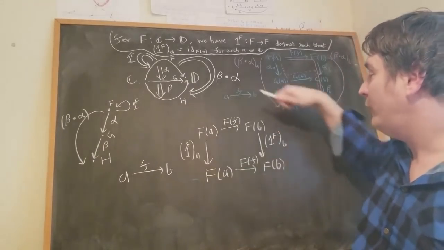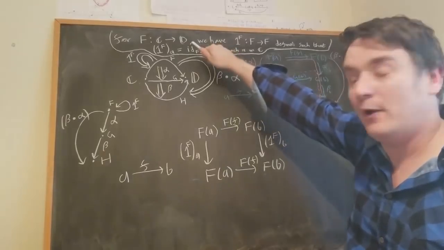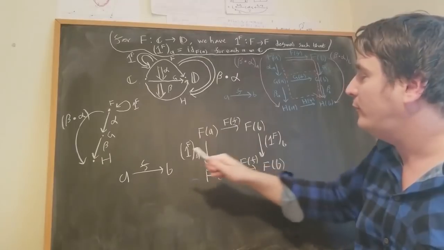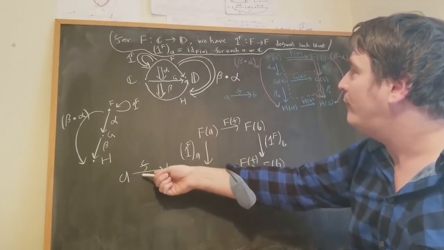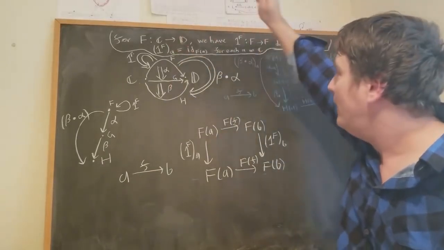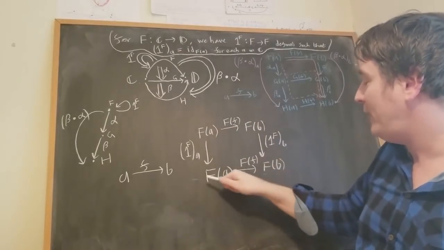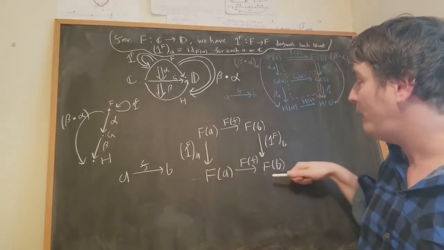And so what we're going to want in order for this to be a natural transformation is for this kind of square to commute, okay? Because a generic arrow f in this category C gets sent to this kind of arrow under F, and it gets sent to this kind of arrow under F.